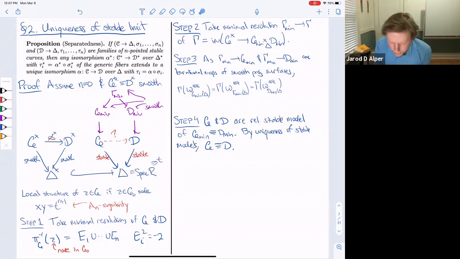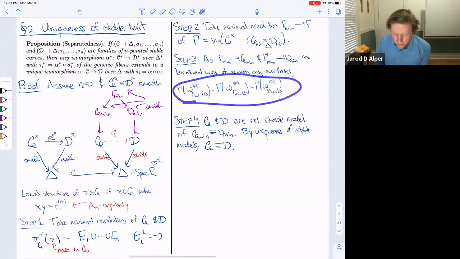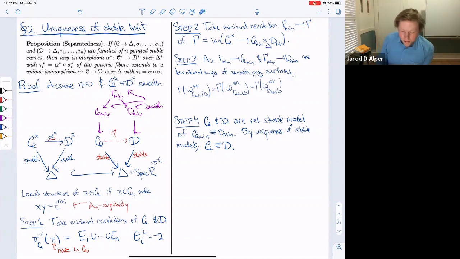Since these are all equal, these essentially define the relative stable model. So moving to step 4, C and D are in fact the relative stable models of C min and D min, which are isomorphic.